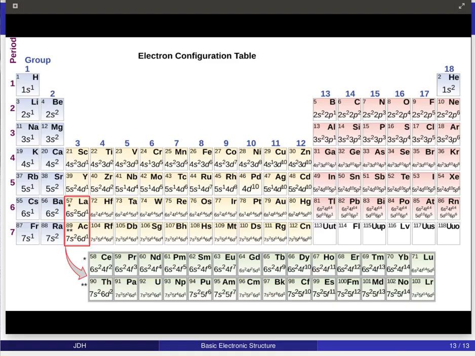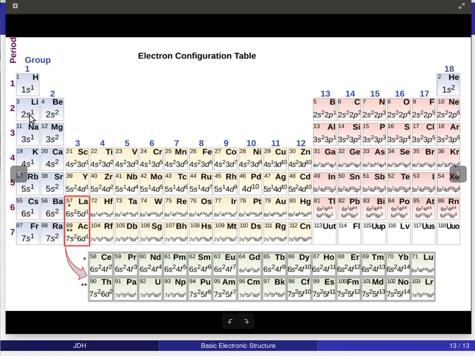So what I'd like to leave you with is an electron configuration periodic table, where we're putting the electron configuration for those highest energy electrons for the entire periodic table to explicitly draw out the trend that we were just exploring. Moving from left to right, we're moving from a 1s1 to 1s2.